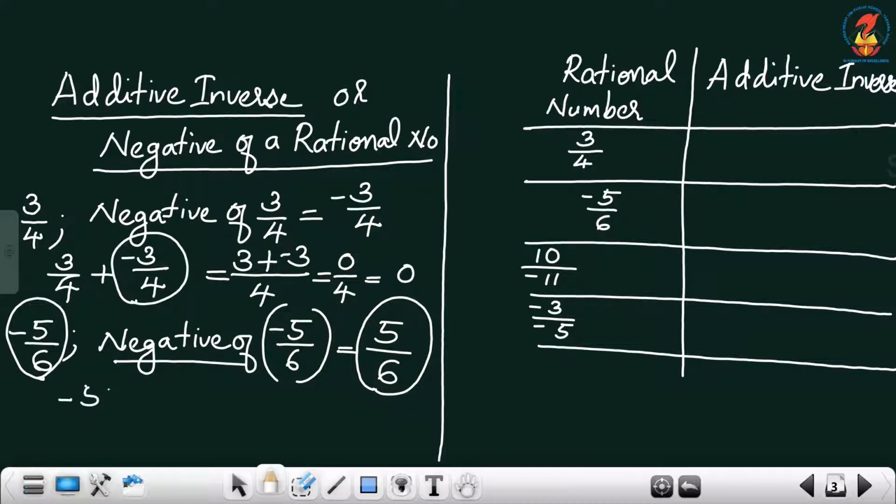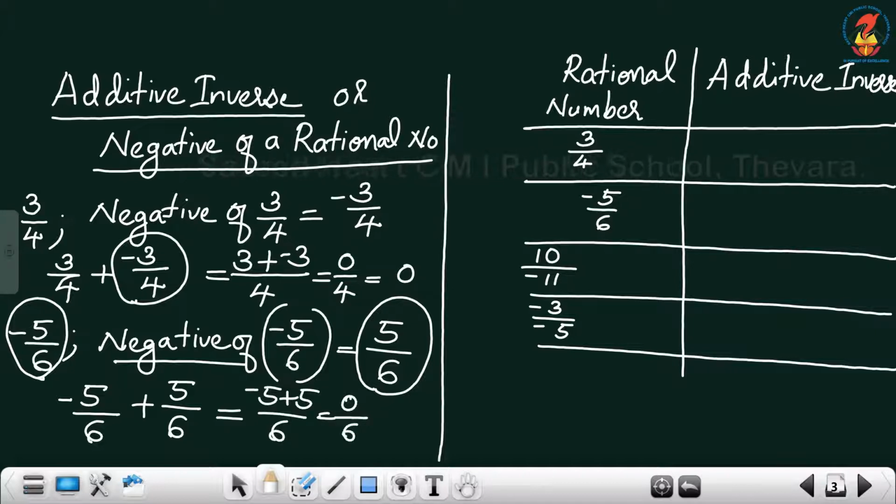Now look at that, negative 5 by 6. Its additive inverse is 5 by 6. We can add these two. Negative 5 plus 5 by 6 equal to 0 by 6 equal to 0, where 0 is the additive identity.